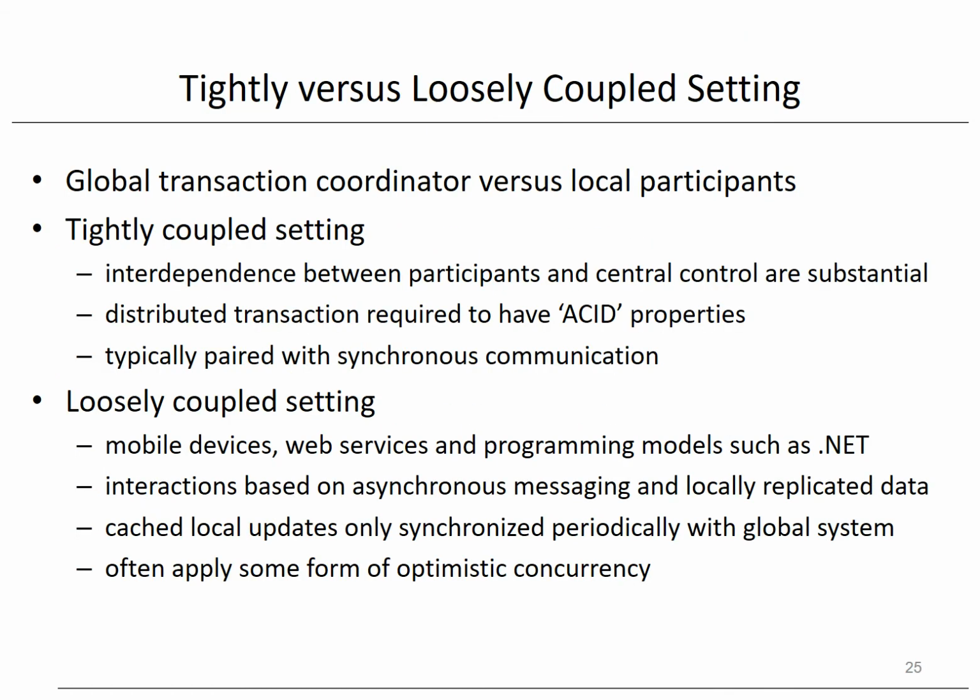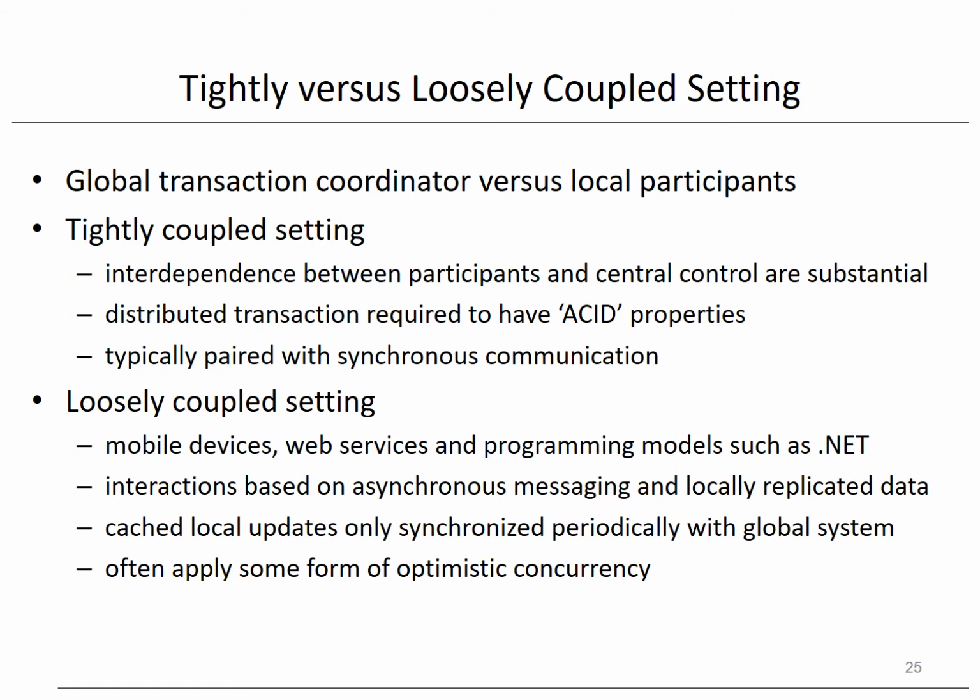Distributed transactions entail distinct sub-transactions at individual nodes or locations with a certain measure of autonomy. We speak of a global transaction coordinator and local participants in the distributed transaction. In a tightly coupled setting, the interdependence between participants and central control are substantial.